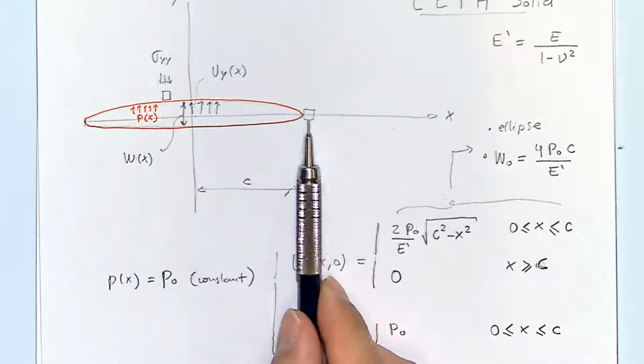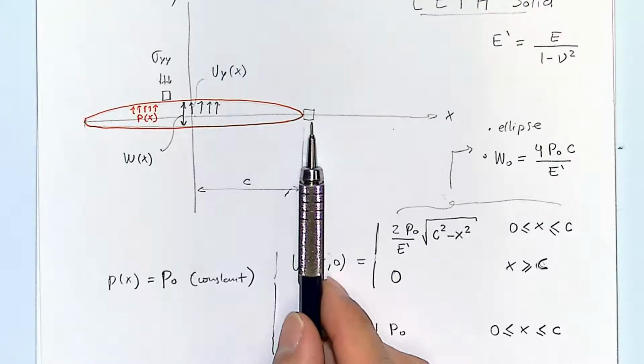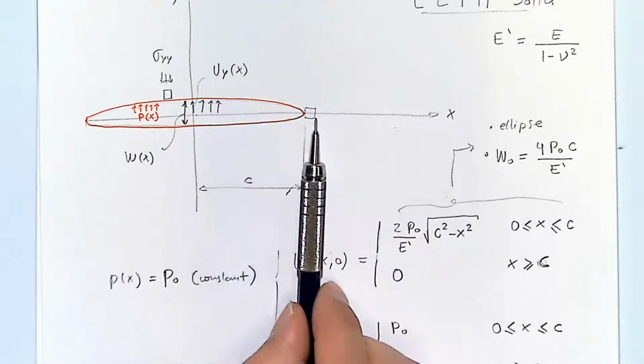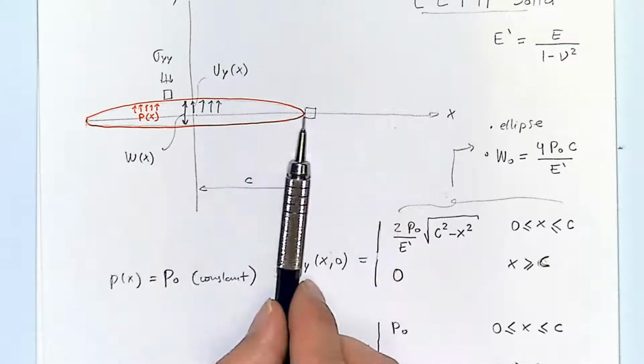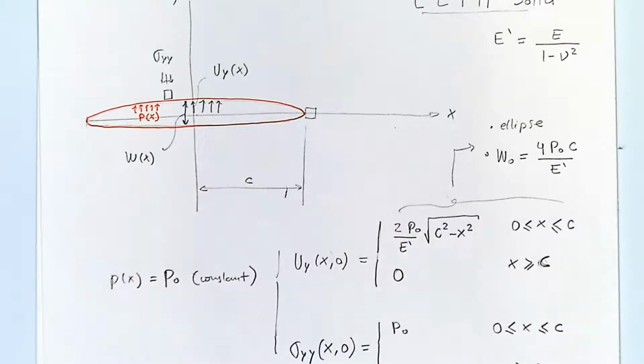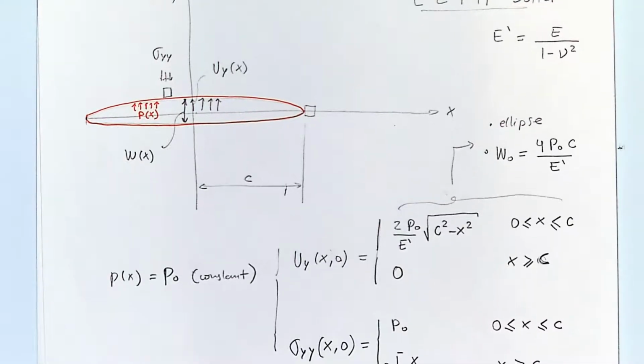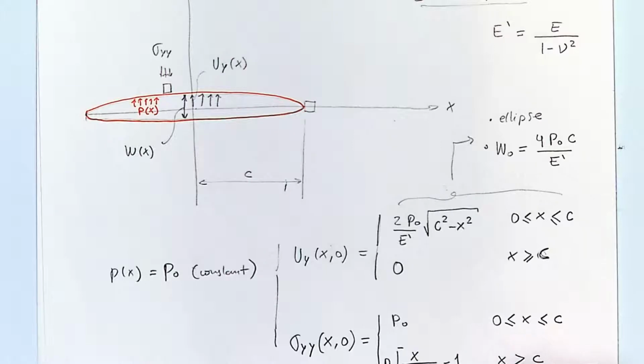What about here? It has to be tension, right? Because all of this pressure that you're applying onto this boundary has to be counteracted by some tension that extends from here to there. So it is going to be a tension. And the equation for that is going to be P0 times, let's see if I can fit this in here, x divided by the square root of x squared minus C squared, minus 1.